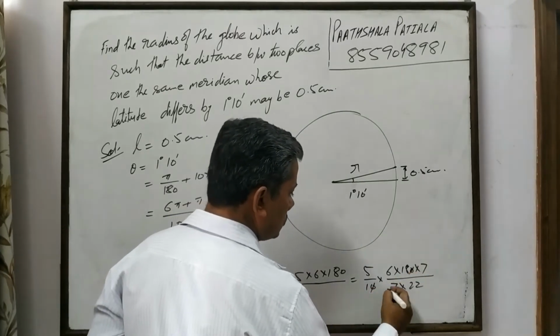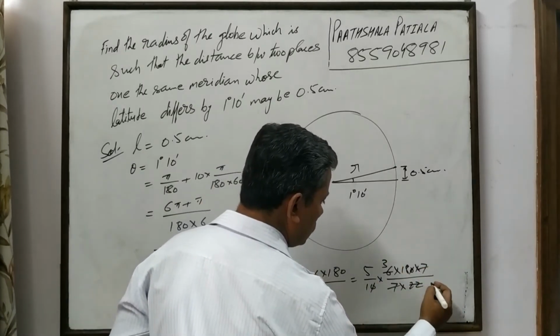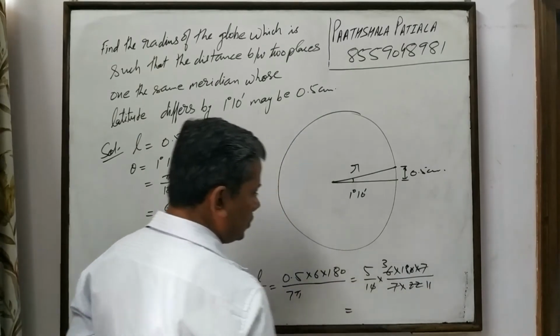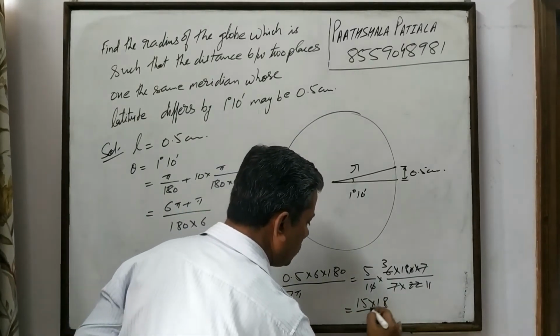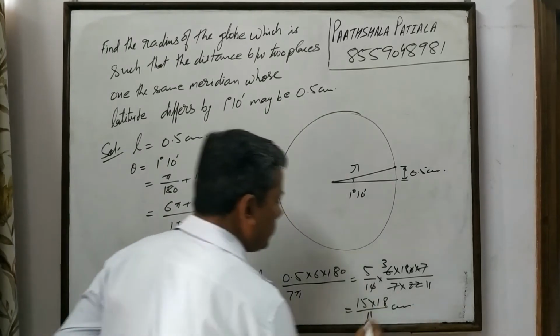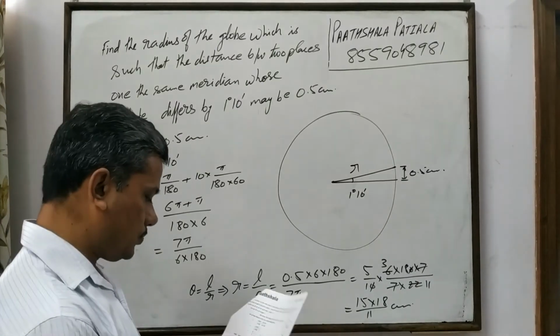So 7 goes, 2 3s are 11. So this is 15 into 18 by 11 centimeter. This is the required radius. Solve this, you will get the required answer.